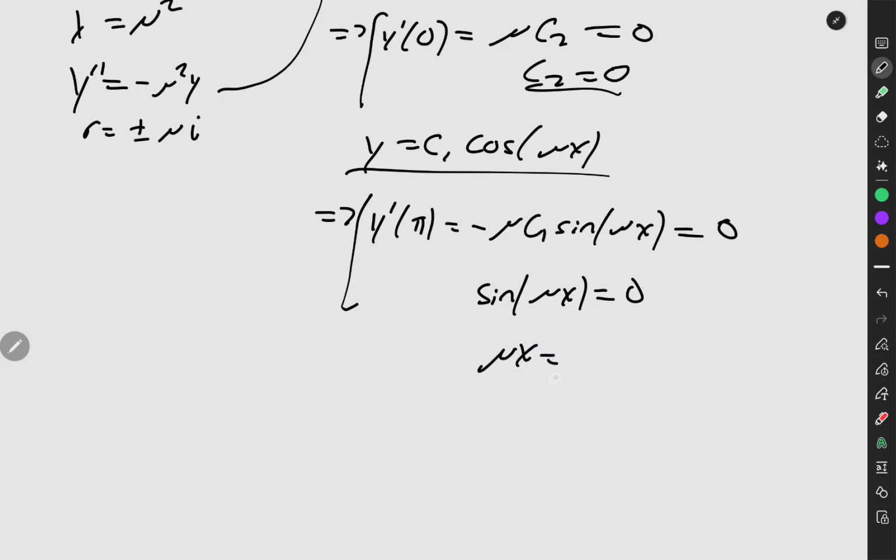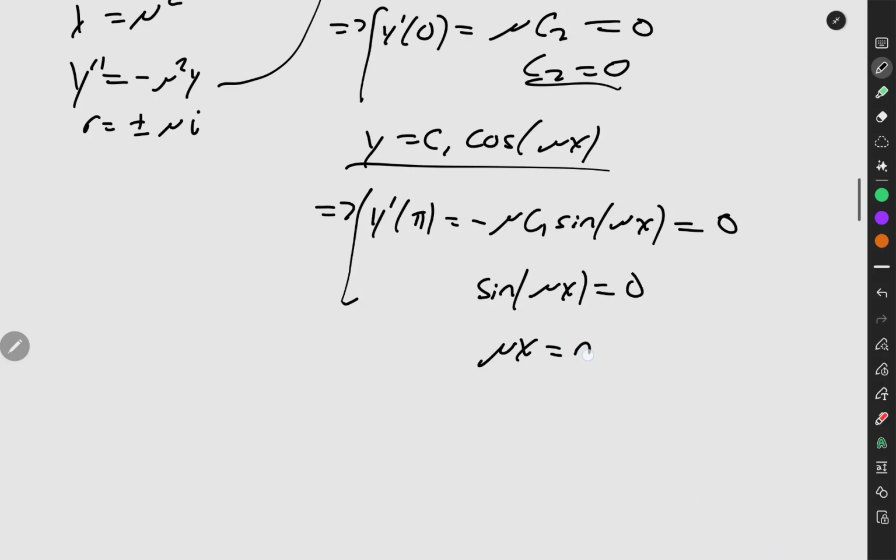So mu x would be, what would make sine 0? Anything of pi, right? So that'd be n pi. Oh, by the way, this should be pi, because I'm supposed to plug in pi there. That cancels. Mu is equal to n.